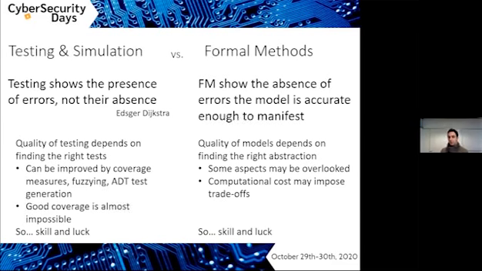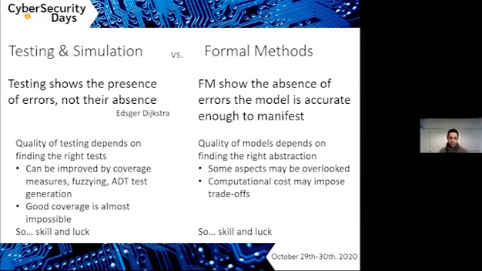On the other hand, formal methods can show the absence of errors, as I said, but up to what the model can manifest. If the model cannot talk about memory consumption, then we will never catch errors or issues related to memory consumption.